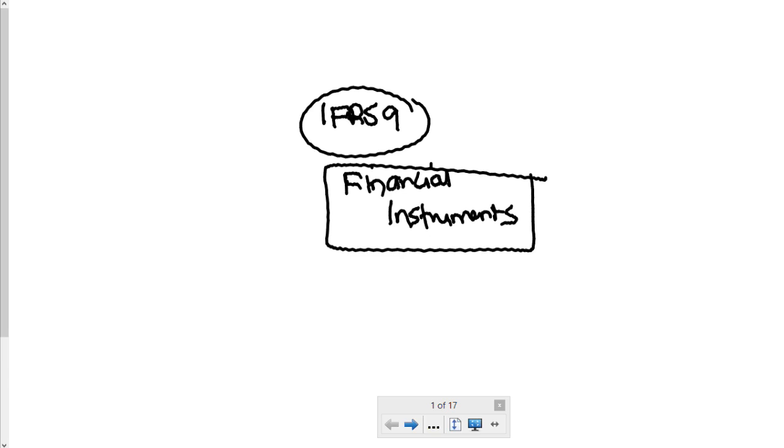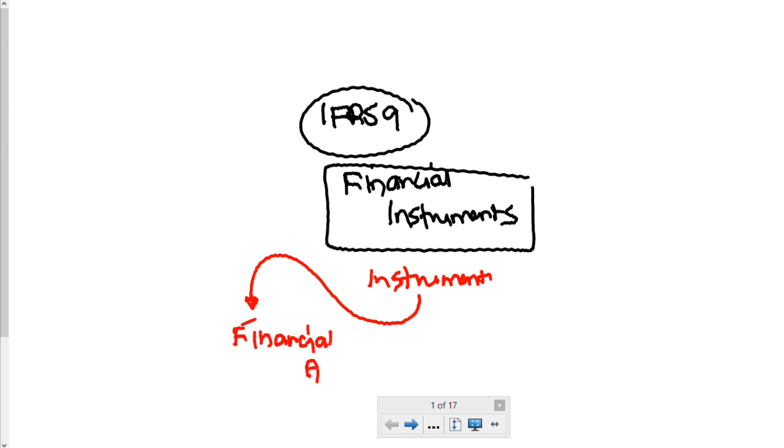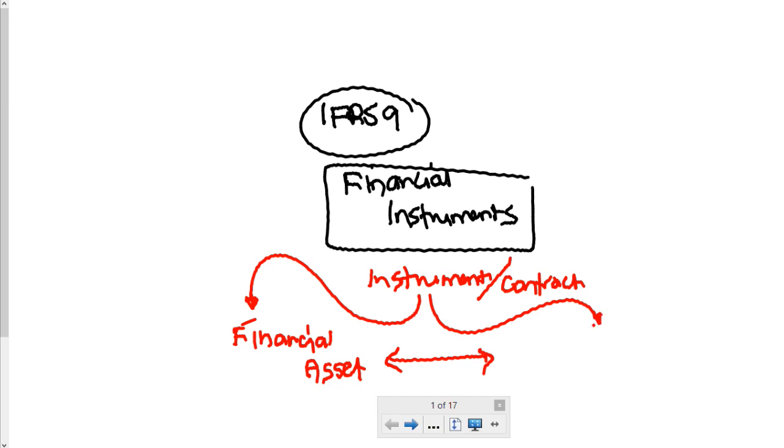And a financial instrument is defined as an instrument which results in a financial asset in one company and a financial liability in another, or a contract or an agreement that results in a financial asset in one and a financial liability in another.